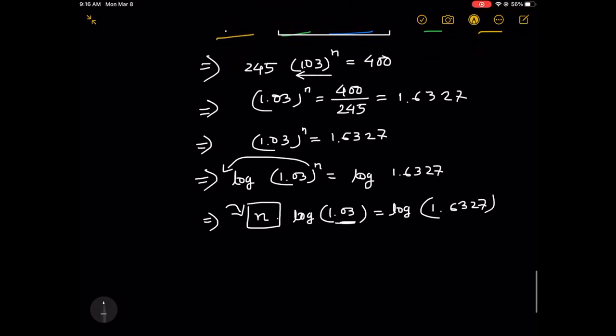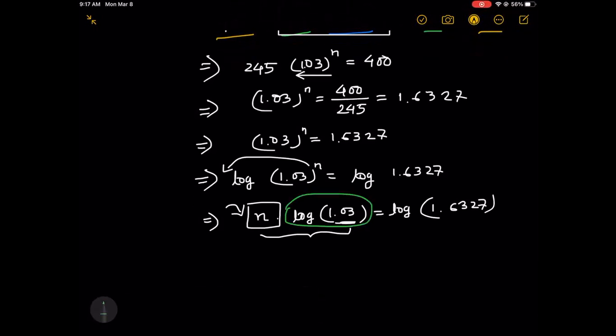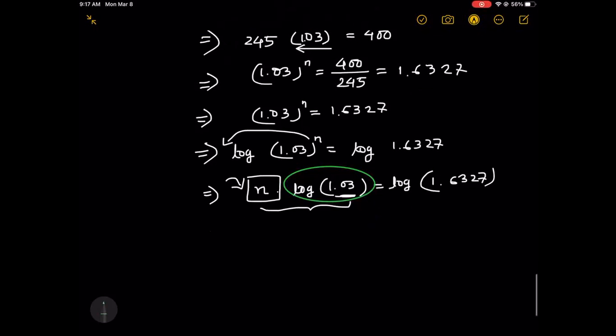As this is a product, if we divide both sides by this, then we can imagine that this n will be isolated, right?